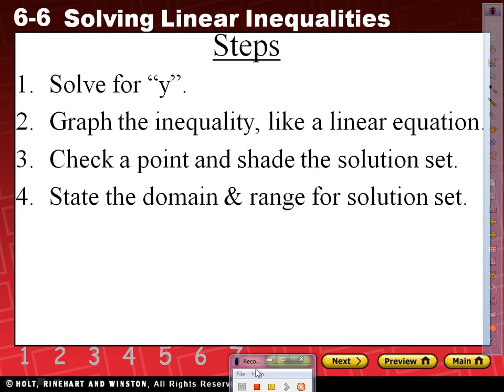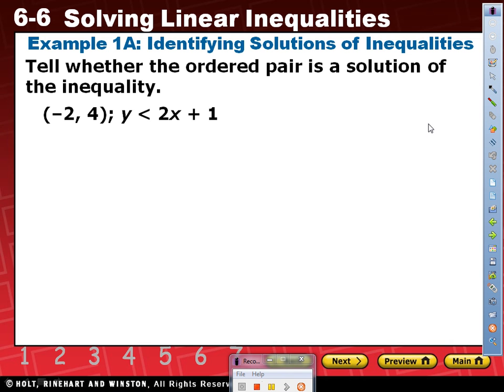Okay. Example 1. Example number 1. Copy this down, please. Example 1A. It says, tell whether the ordered pair is a solution of the inequality. Copy that down. I'm going to show you right now.